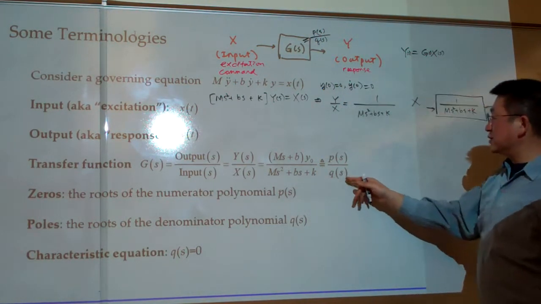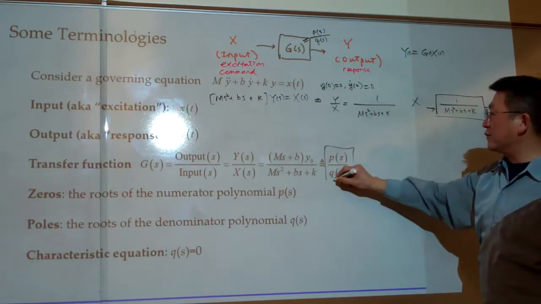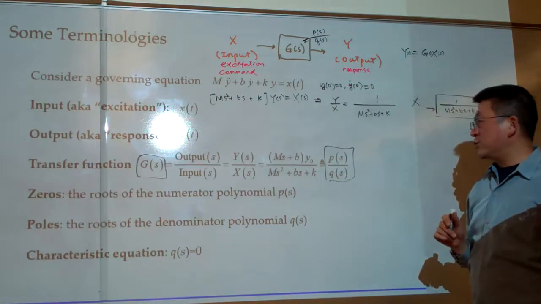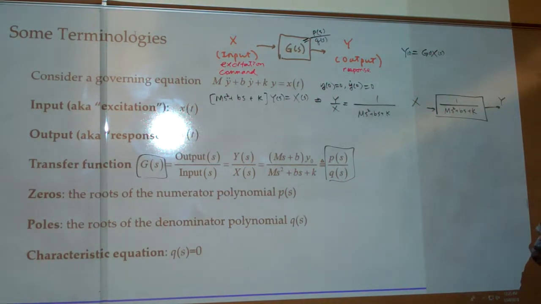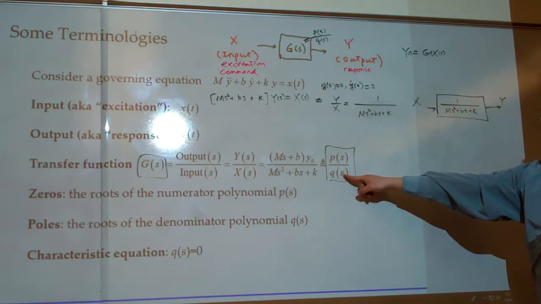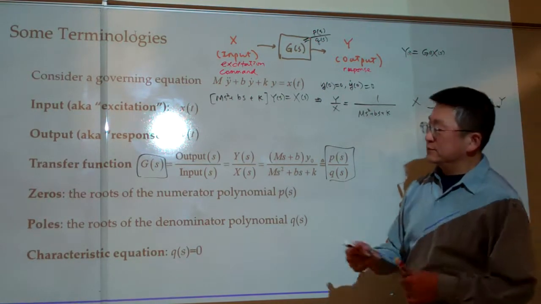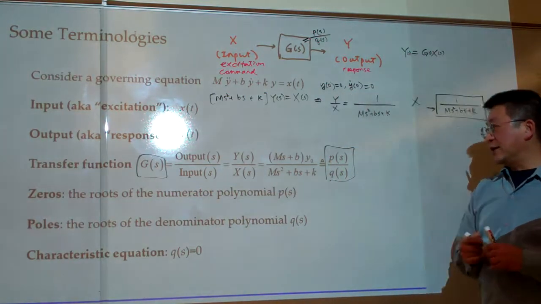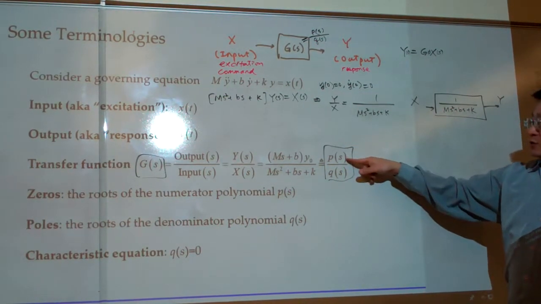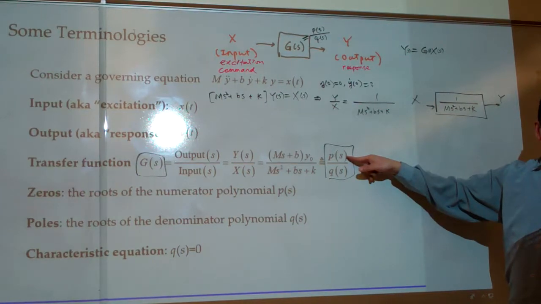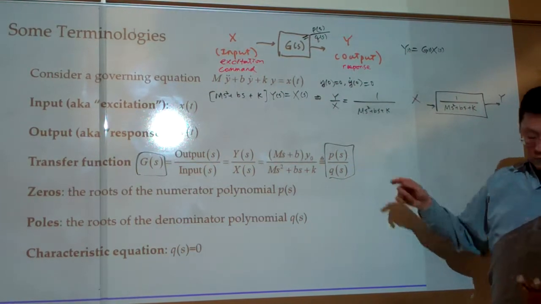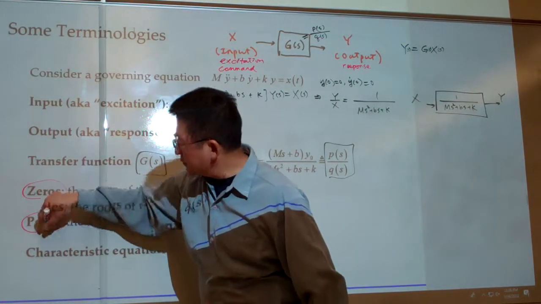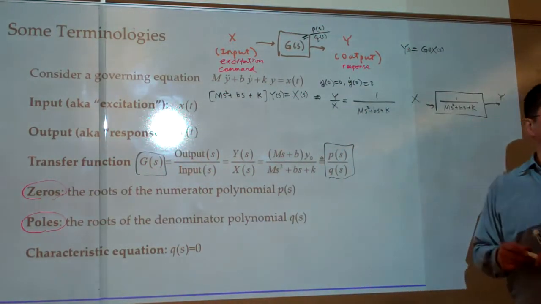Just like here, in general, the transfer function can be expressed by this, and we have learned that the roots of the denominator we call the poles. That is one we pick up from the previous example. The other term, the roots of the numerator, we call zeros. So here we have two terms: zeros and poles.